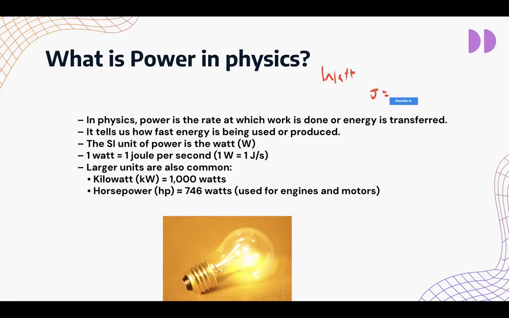Joules is equal to energy or work, right? So if a watt is just a joule per second, and watt is equal to power, power is just equal to energy over time, in seconds, correct?